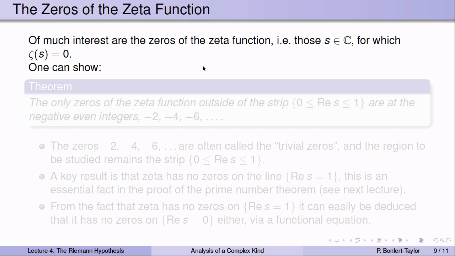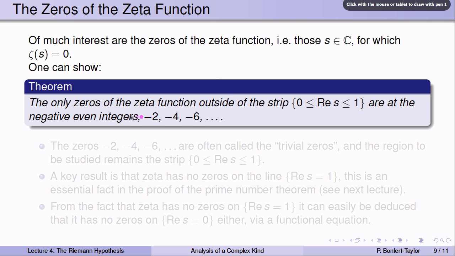Of much interest are the zeros of the zeta function, so those s's in the complex plane for which zeta of s is equal to 0. One can show the following. The only zeros of the zeta function outside of the strip from 0 to 1 are the negative even integers.